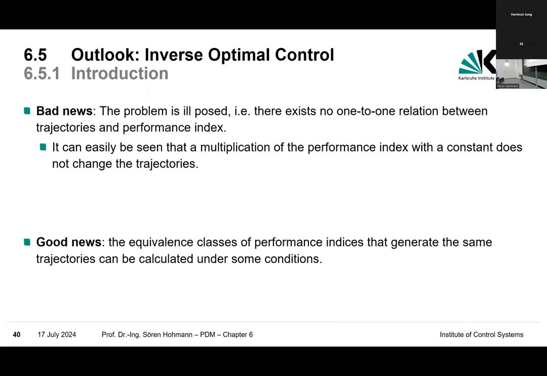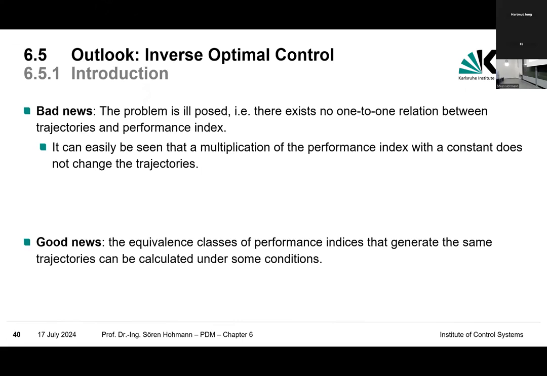And the situation can be even more complex: different objective functions can yield the same trajectories. It's non-unique. If you pose the inverse problem, you cannot expect to get the particular objective function. You can only hope for getting the entire set of objective functions which are describing the situation.